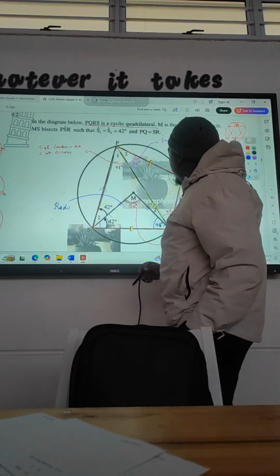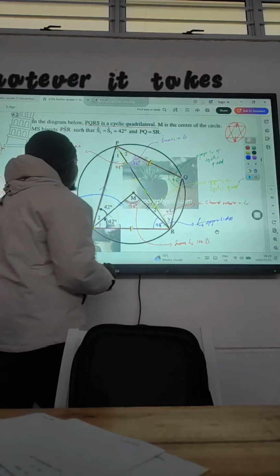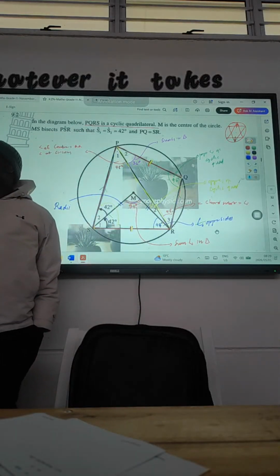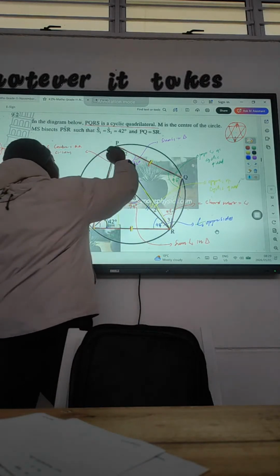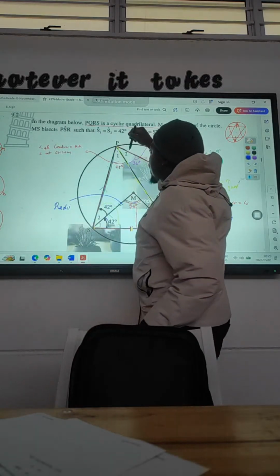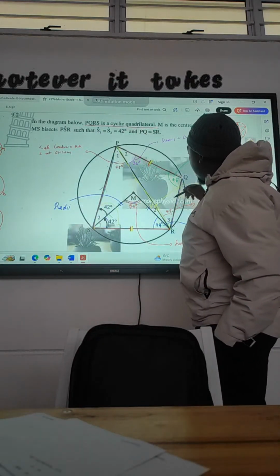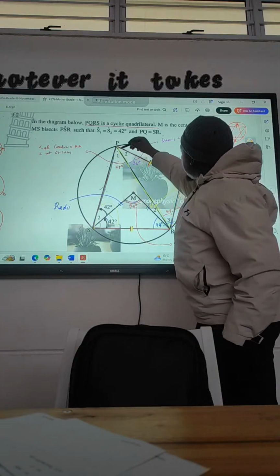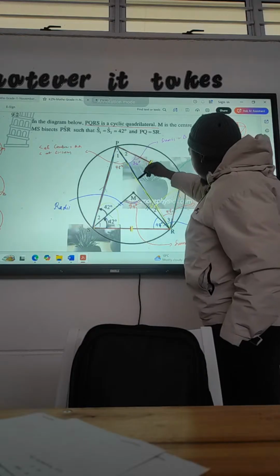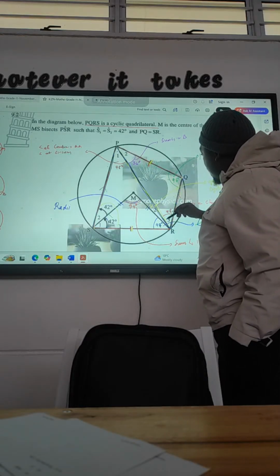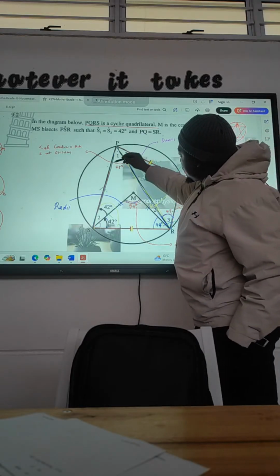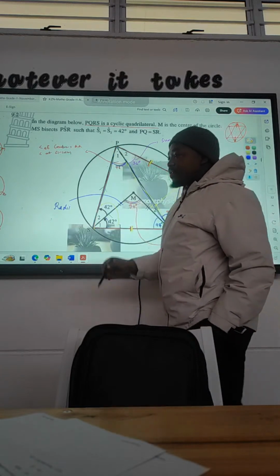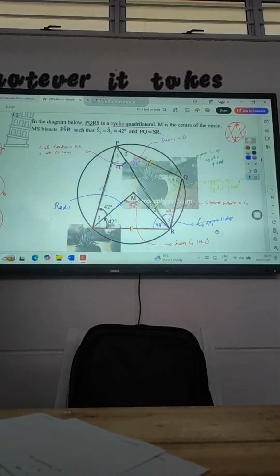When you look at SP and then from SP come this side to QR, I have this. Do you see that?